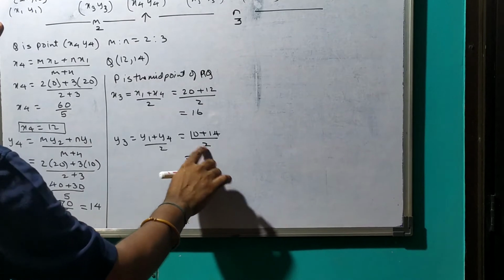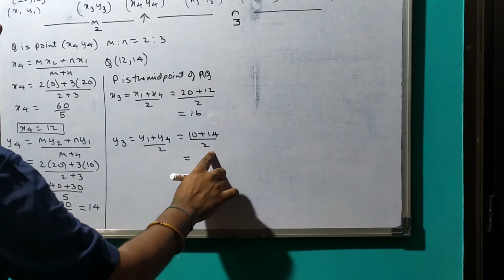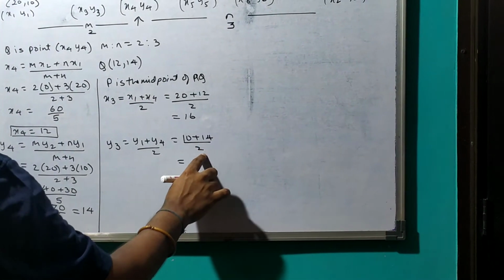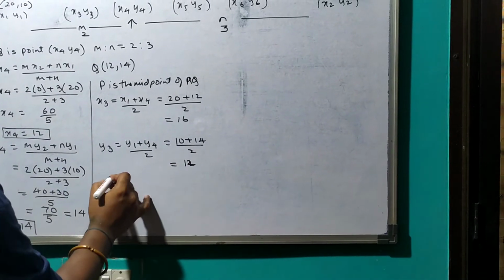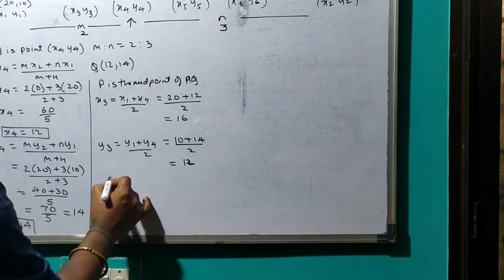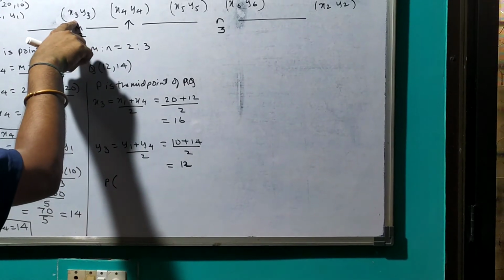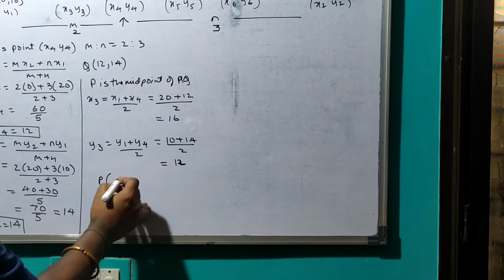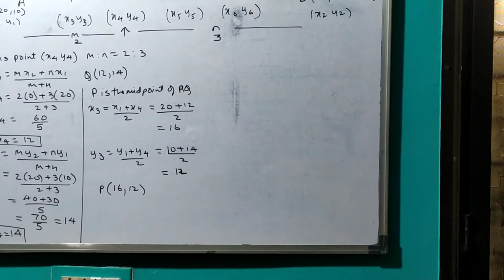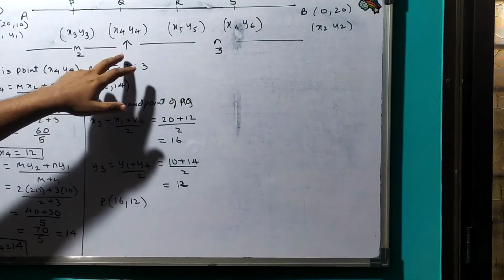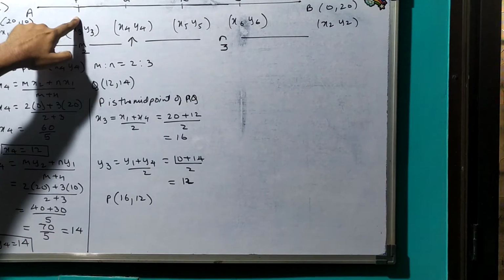How much are you going to get? 24 upon 2 will get 12. So coordinate of P can be written over here as (16, 12). That means just by finding Q, I can get P as midpoint.